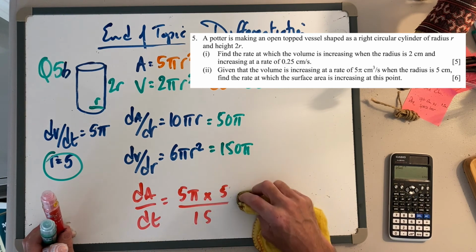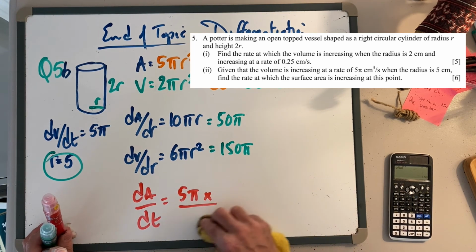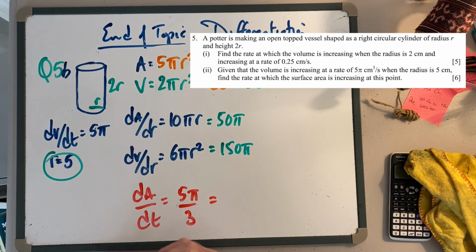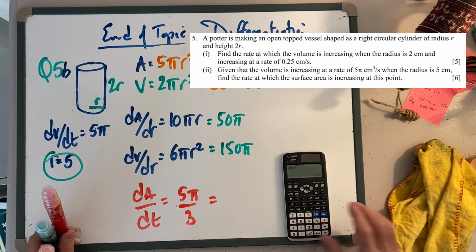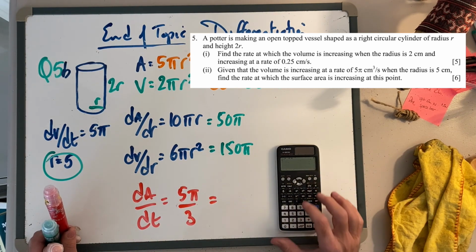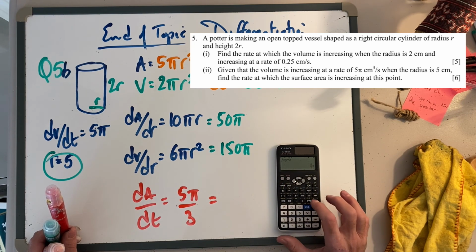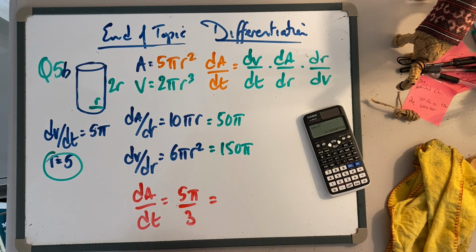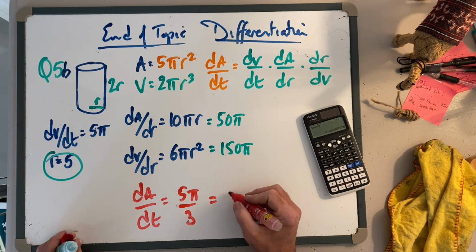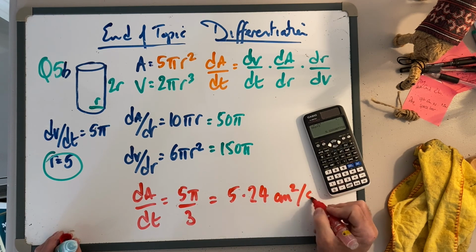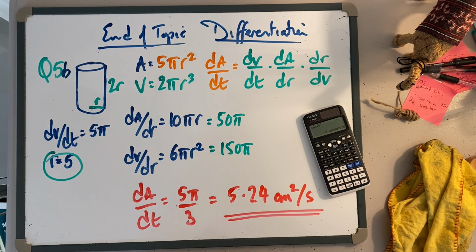I can divide by 5, so I get over 3. It's a bit of a risk. You might want to just put it all in your calculator, but whilst we're just learning this, we can afford to take a few risks. 5.35, so rounded to 3 significant figures the rate of change of the surface area is 5.35, boom. And that's how you do that question.